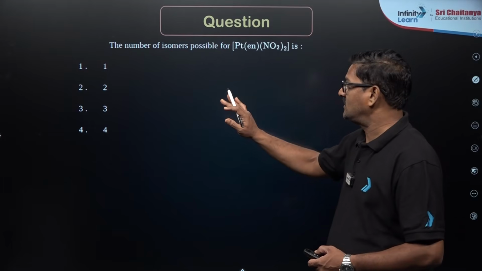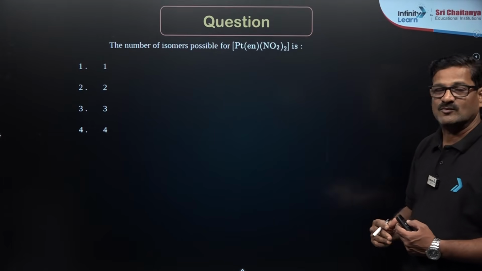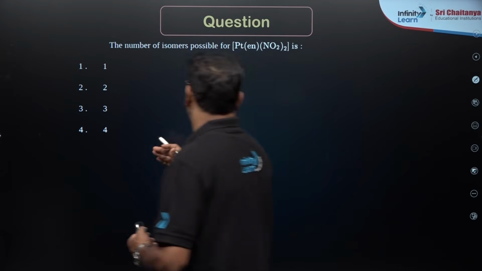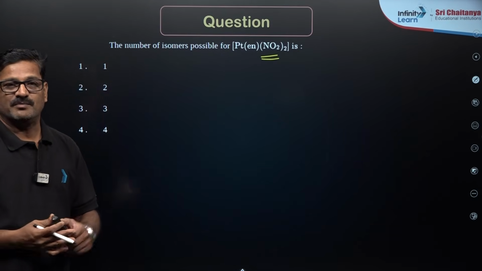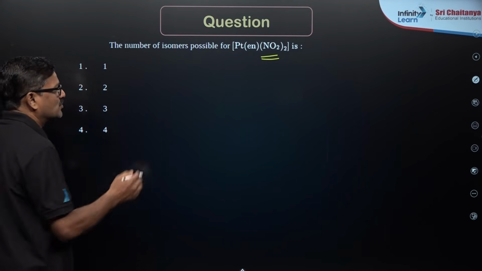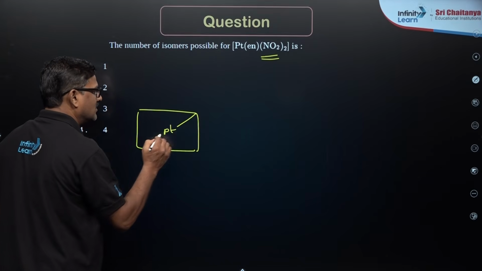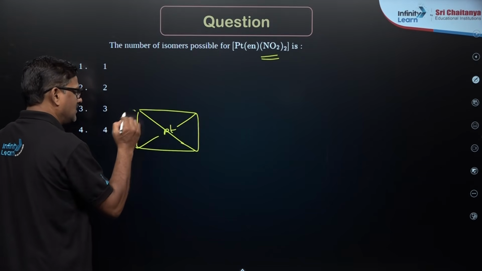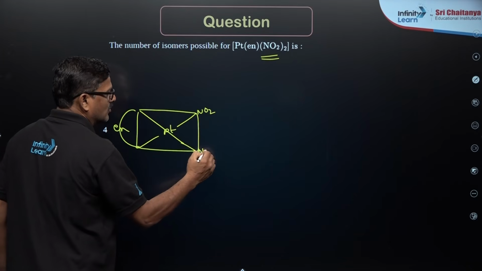Students, this question, the number of isomers possible, Pt(en)(NO2)2. So let's talk about whenever you have a bidentate ligand, you are going to expect a linkage isomer. So let us say Pt, that is en, NO2 and NO2.